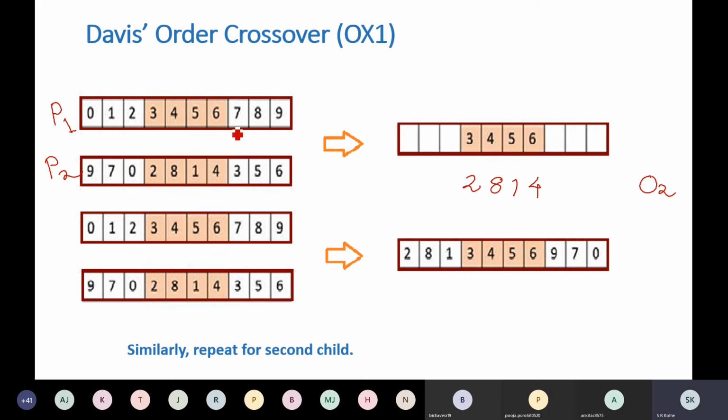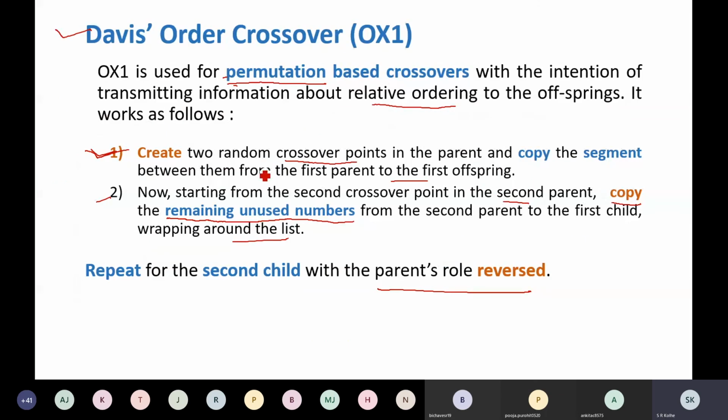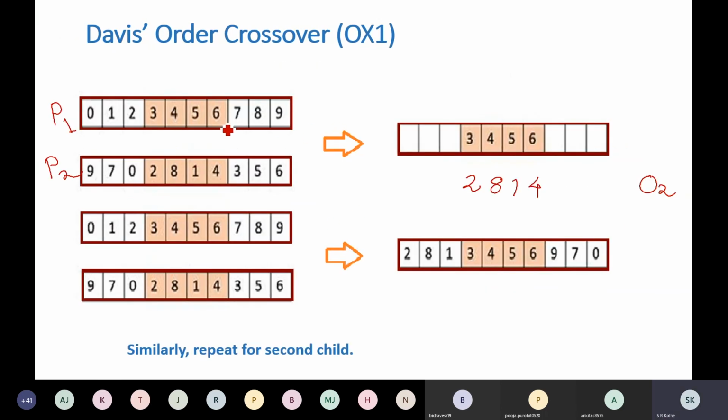Next step is starting from second crossover point in first parent, copy the remaining unused numbers from first to the second child. Okay, so you are going to start with 7 now, right? Tell me, is it used? No, sir. So what to do? Copy it into where?